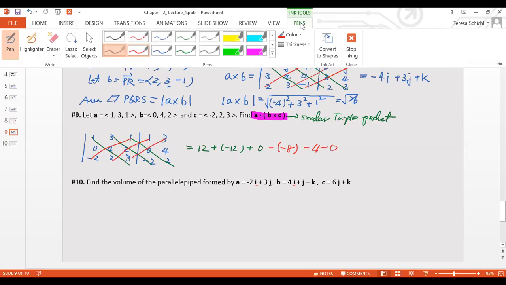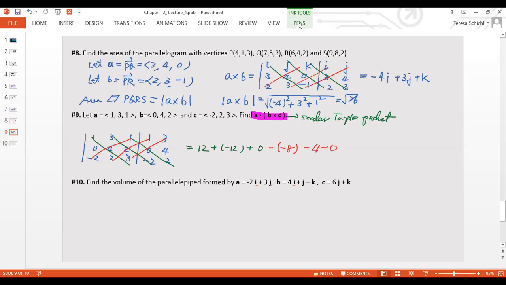Combined, some terms cancel, and negative negative becomes positive. So the answer is 4. That is what we call the scalar triple product.